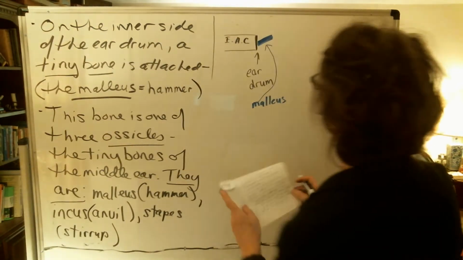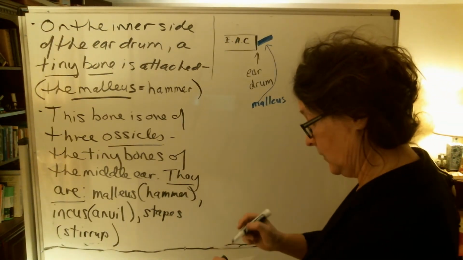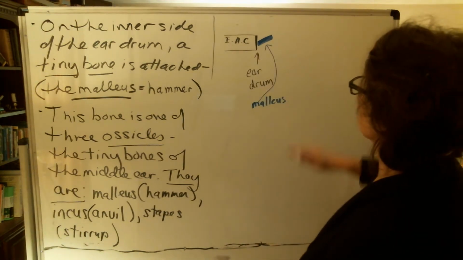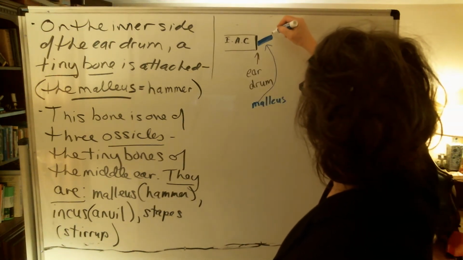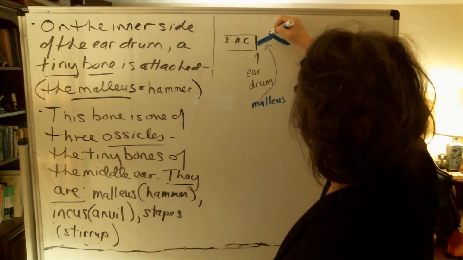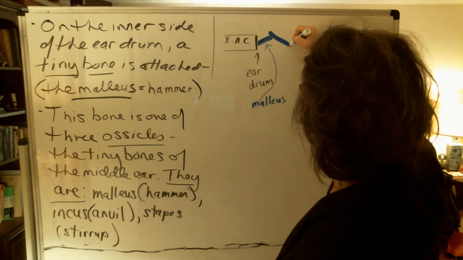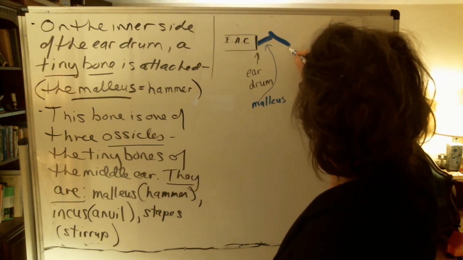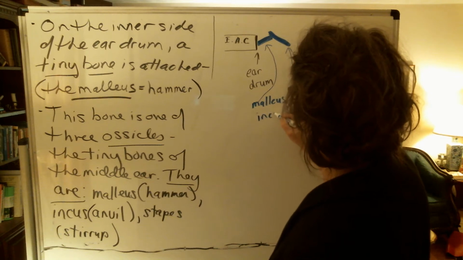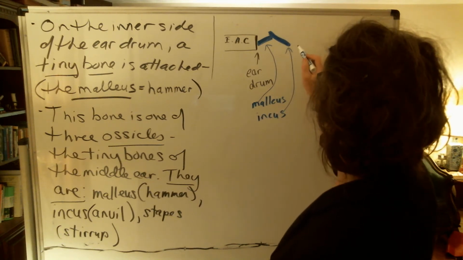So these bones articulate with each other. That is to say, they form joints. So there's the malleus. Now I'm going to draw a diagram like that. And here we have the incus.